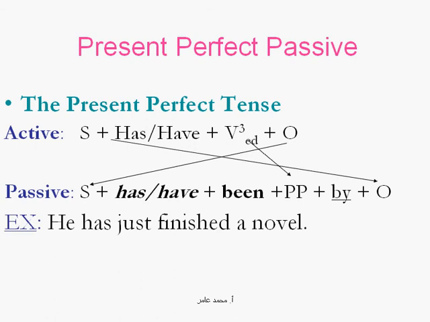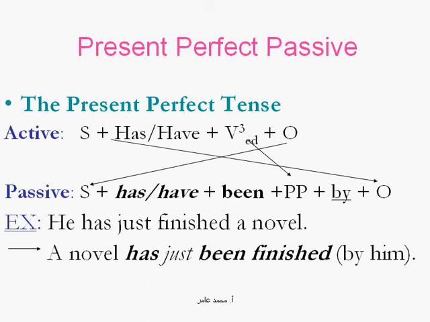He has just finished a novel. When we change it into passive: a novel has just been finished by him. By him is optional, you can write it or not.